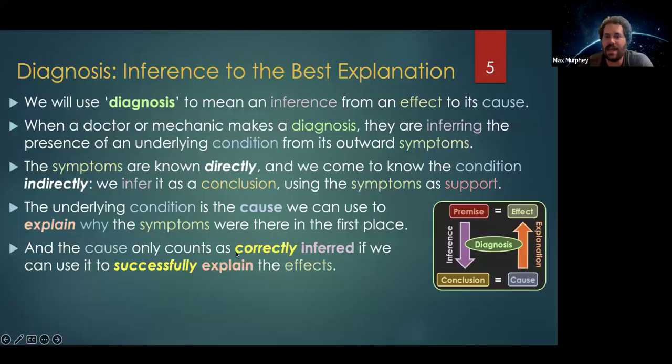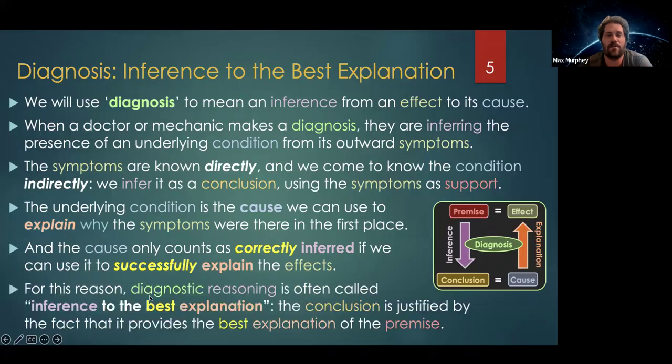The cause only counts as correctly inferred if we can use it to successfully explain the effects. So, what makes this conclusion a good conclusion at the top of the ranking, say, is if it really explains the effect or the premise that we started with, right?